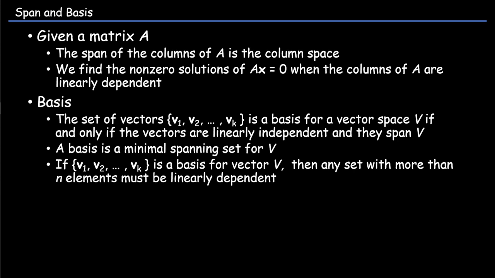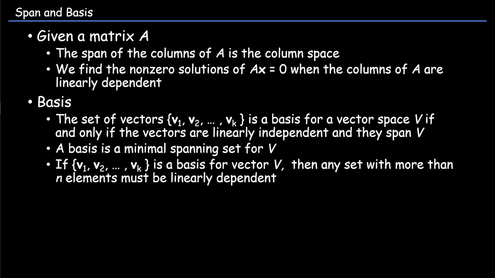What that basically means is, if you have a set that is a basis for a vector space, and that set has 3 elements, and you create another set that has 4 elements, then that 4th element becomes redundant. That means that 4th element can be written as a linear combination of the other 3.